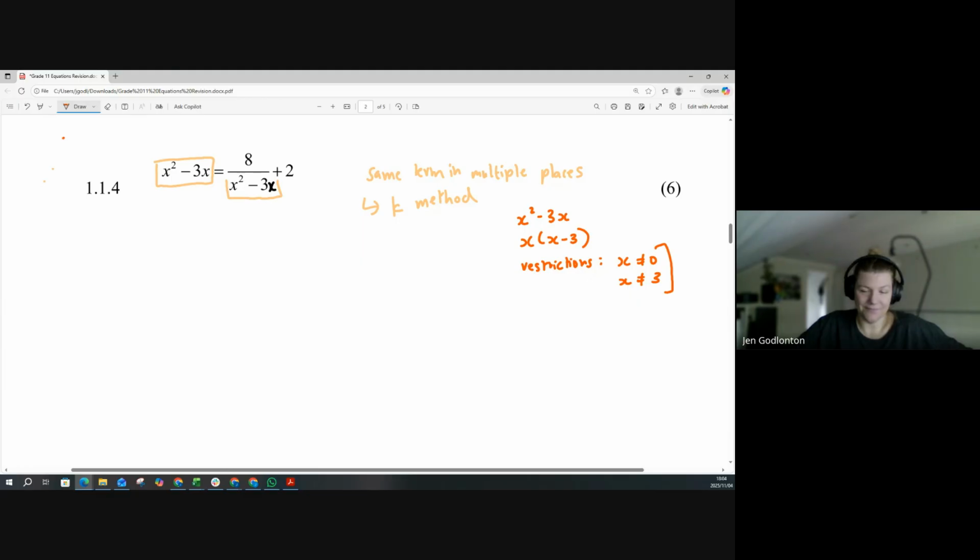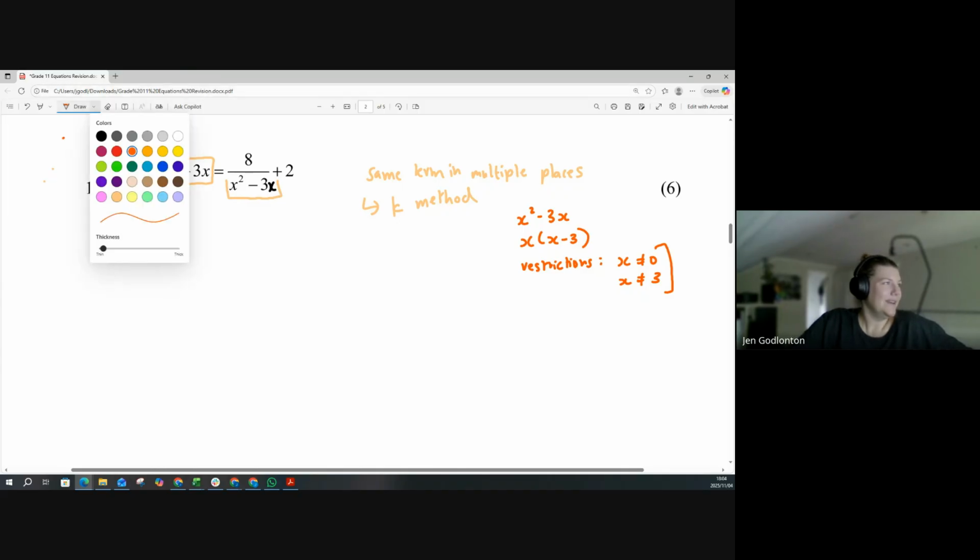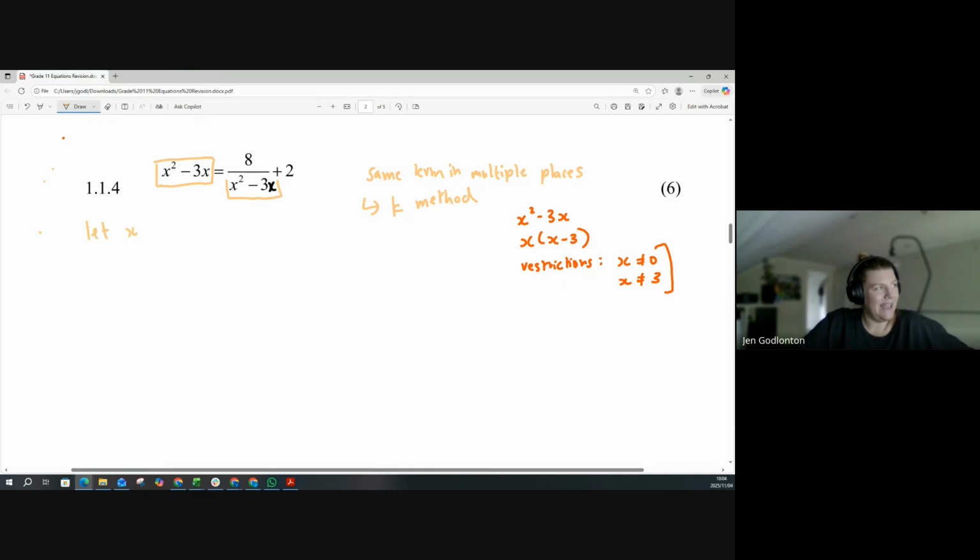All right. So step one, we're going to use k. So we're going to say let x squared minus 3x equal k. So k is equal to 8 over k plus 2, which means k squared is equal to 8 plus 2k.